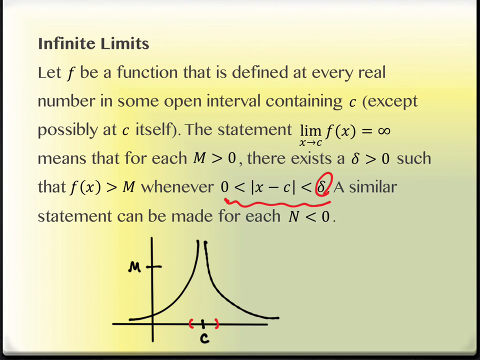There's some sort of leveling place for M, so that if we get close enough to c around that little red region, we're going to be higher than that M value on the y-axis. And if we aren't close enough yet, we can just make it closer, right? If we can get closer and closer, we're going to get higher and higher on this graph, and we're going to exceed the M value that's there. And when that happens, we call that limit infinity.